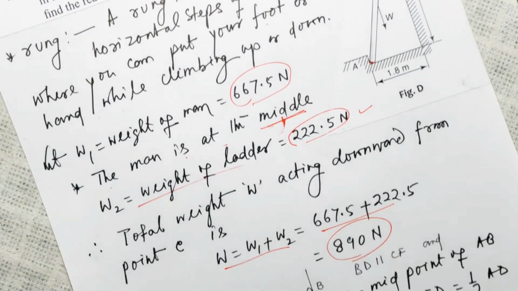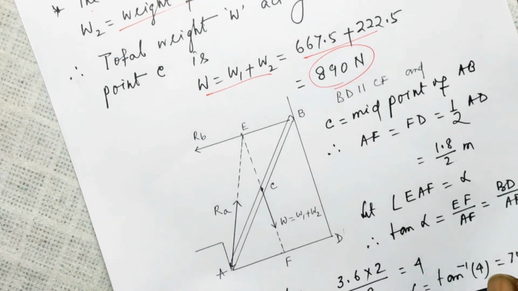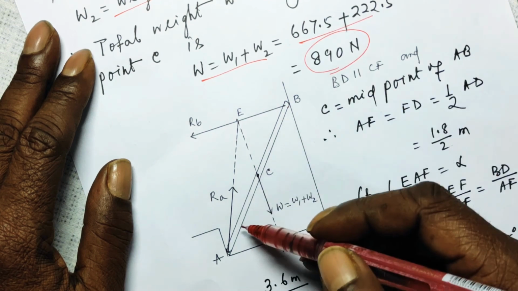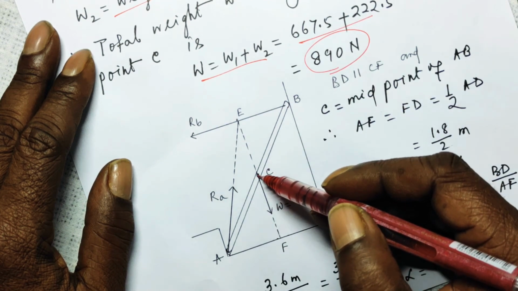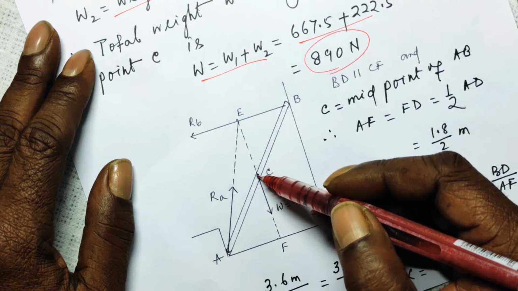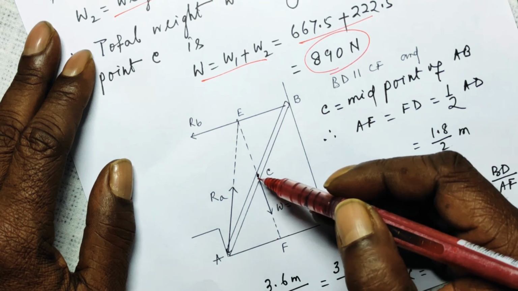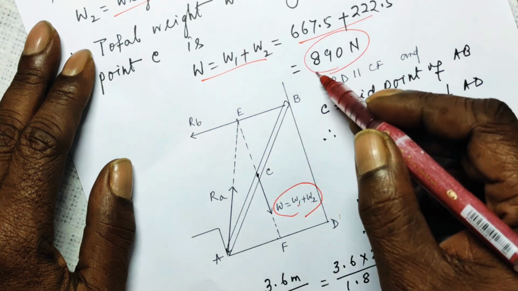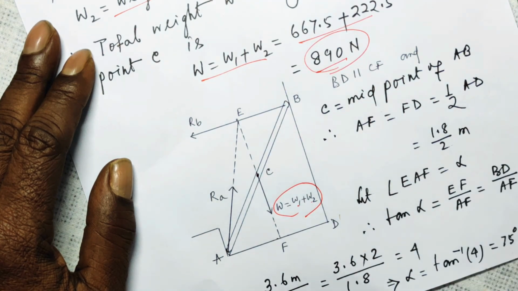Now I have again redrawn a diagram for you. If you look at it here, the same diagram, this is your ladder. This is the center of mass of the ladder, being the midpoint. The man is also here. So both the weights are acting downward, that is W1 plus W2, which is equal to 890 Newton.